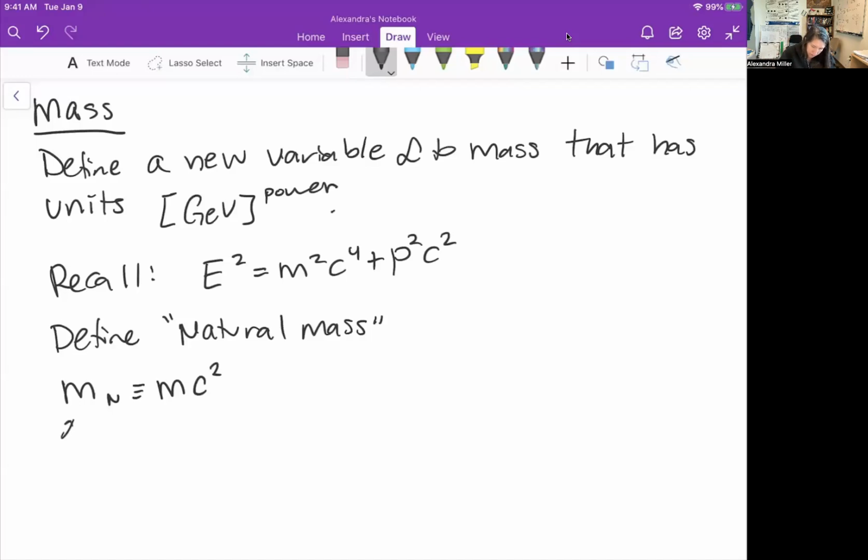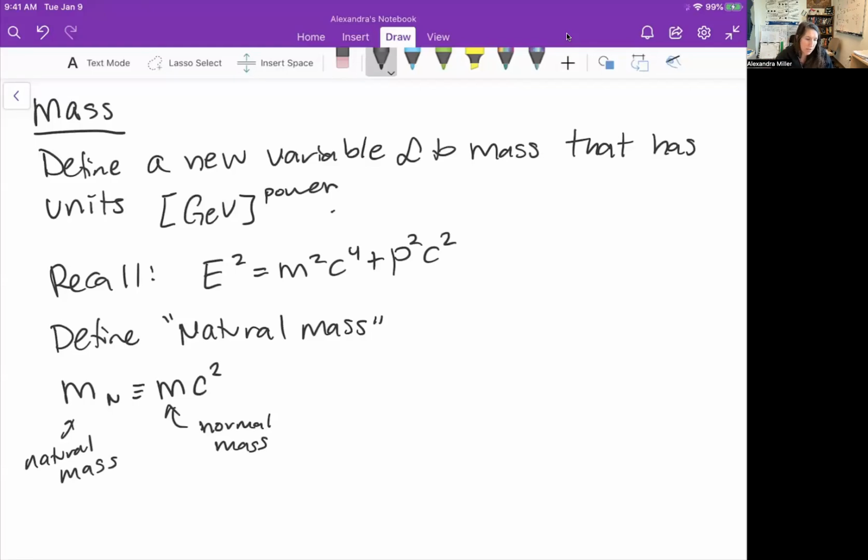So again, this is natural mass, and the m on the right-hand side is the normal mass, which you might measure in kilograms if you're working in SI units.